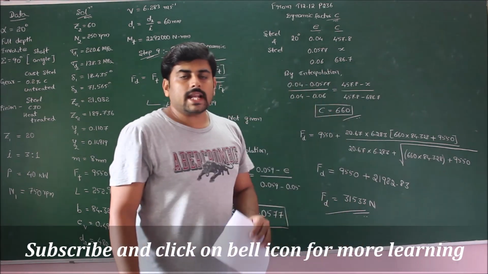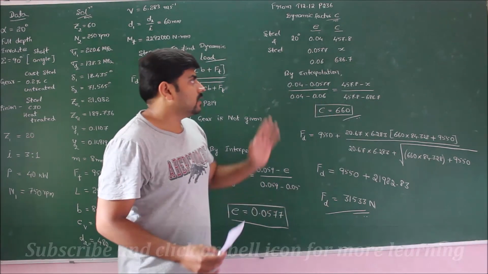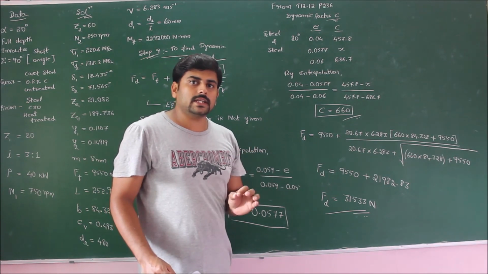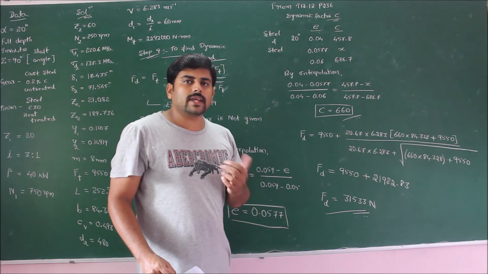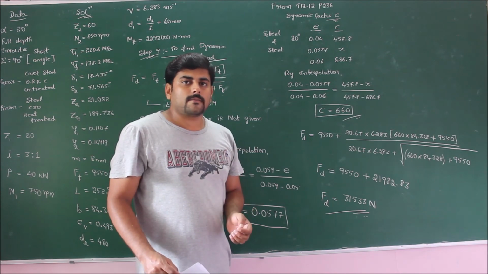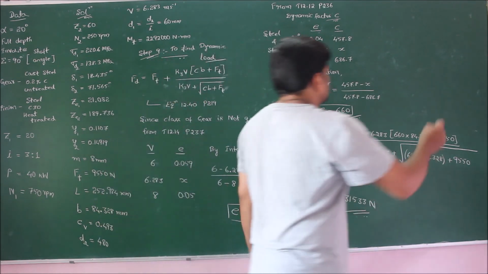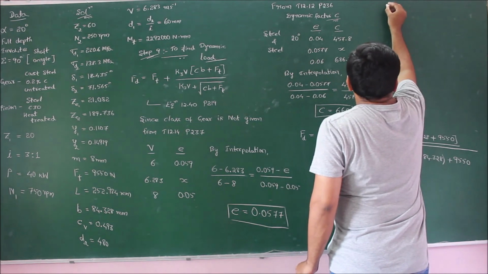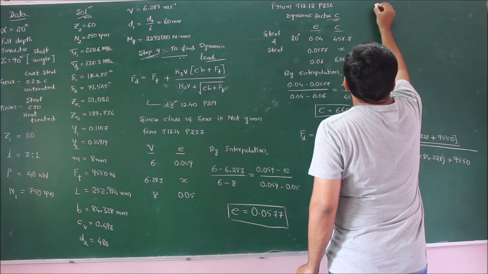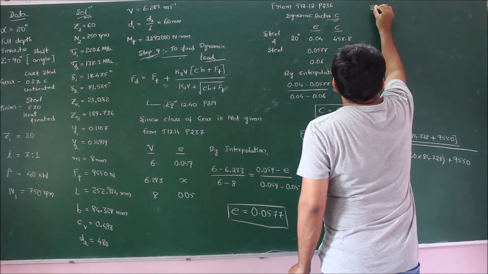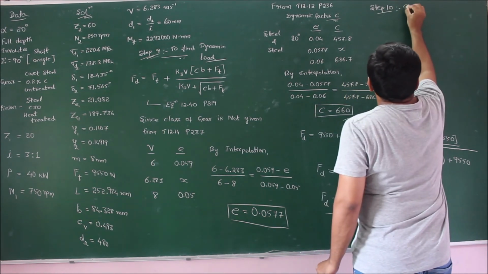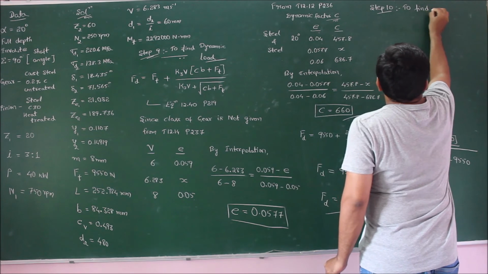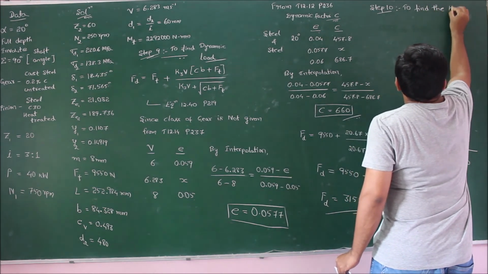Once we have calculated the dynamic load, we can move on to step number 10 to find the wear load, and by using the condition we can recommend the BHN. That is, moving to step 10 to find the BHN, the hardness.